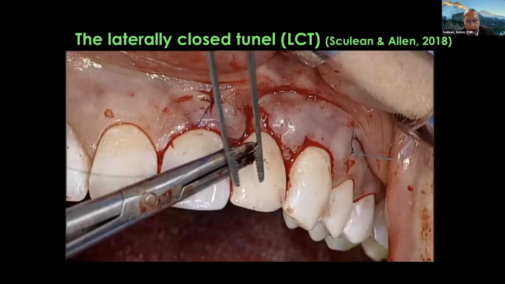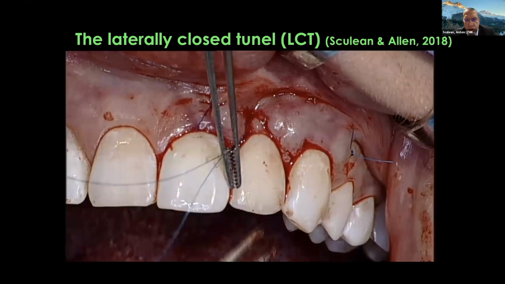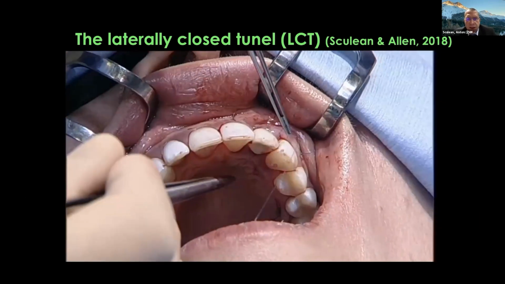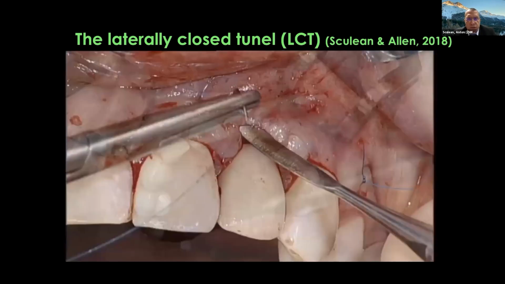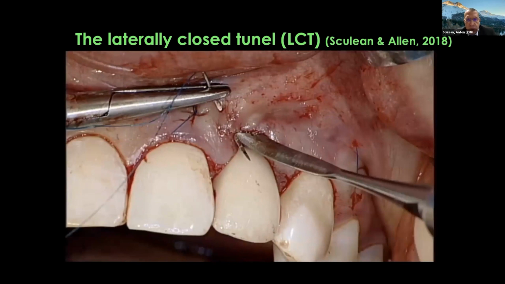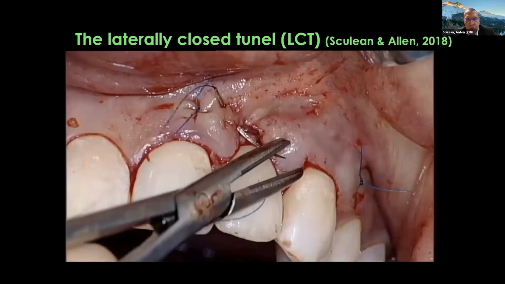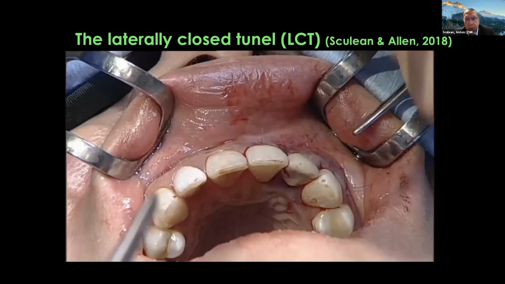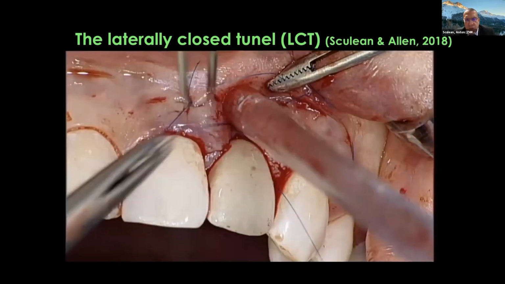In the very moment the graft is not stable, the newly formed keratinized tissue will not be stable either. Wound stability will offer a very predictable result. And I like to always emphasize the need for very precise sutures.